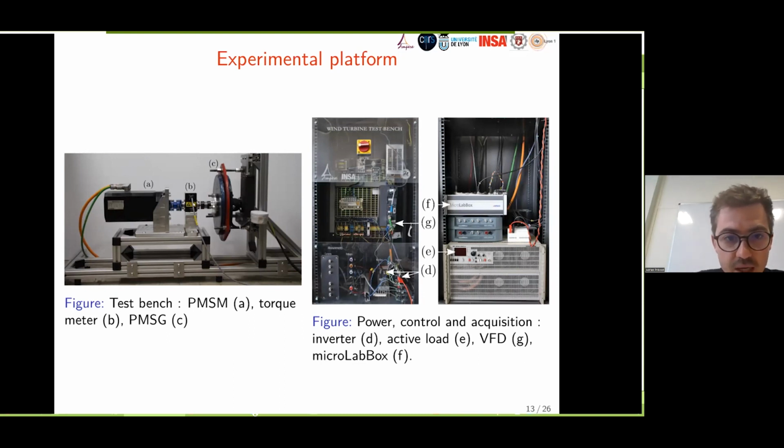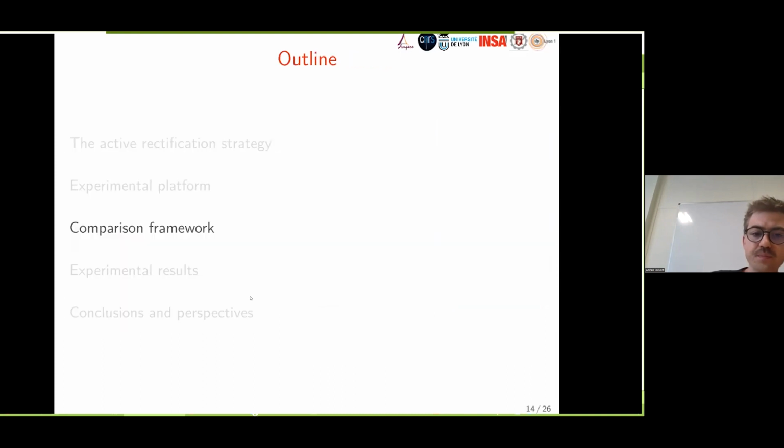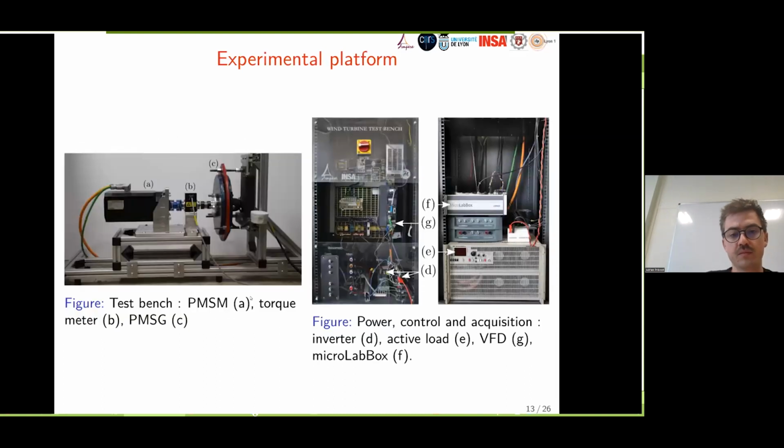So what we basically take as efficiency is the electrical power that goes to the load divided by the mechanical power that is there. So it includes all the losses between the generator and the electronics rectifier. I hope that answered the question.